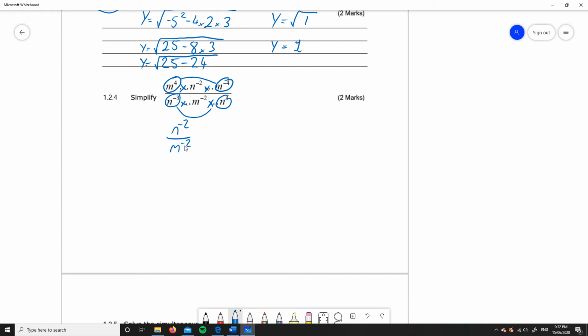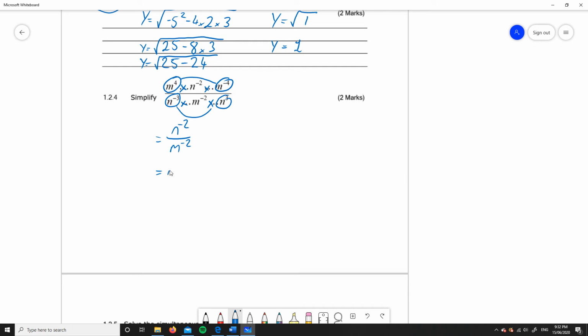Given that these are both negative, if we're moving it from on top of the line to under the line, essentially all we're going to do is remove the negative sign. Same for the m going up.